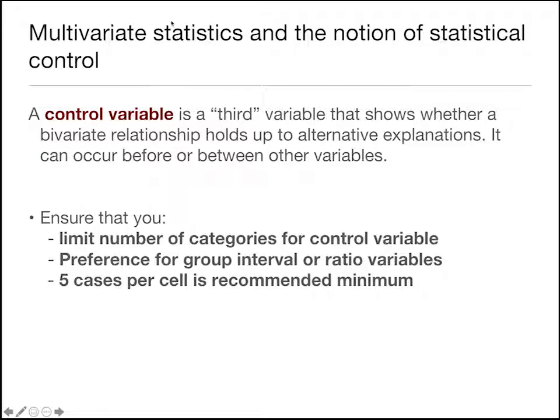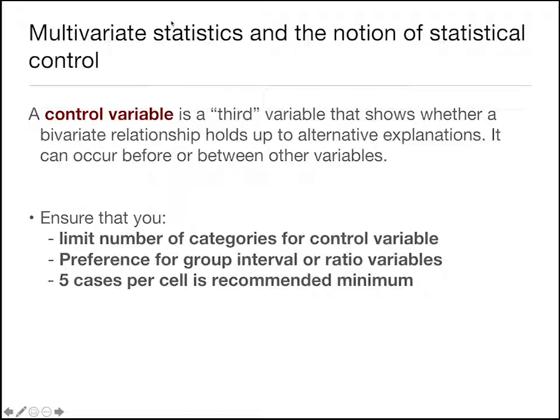So a control variable is a third variable that shows whether a bivariate relationship holds up to alternative explanations. So this is where I've got to be really clear. We're not doing the full proper treatment in this running of the class because it's complicated enough that I thought when all this started happening that we would lose it.